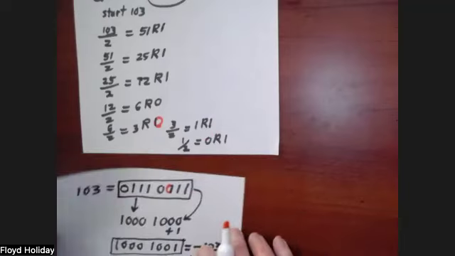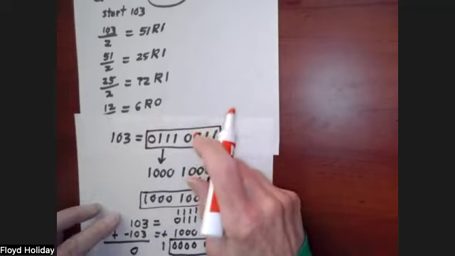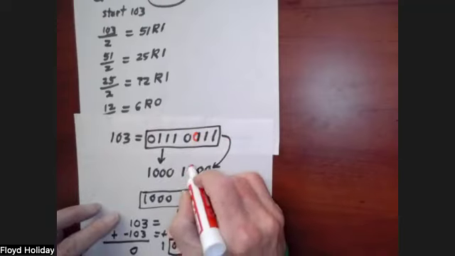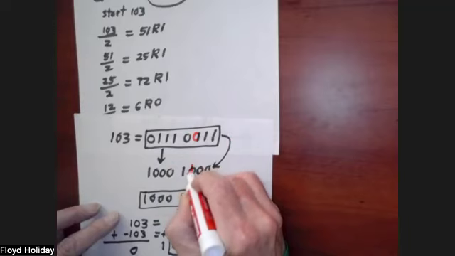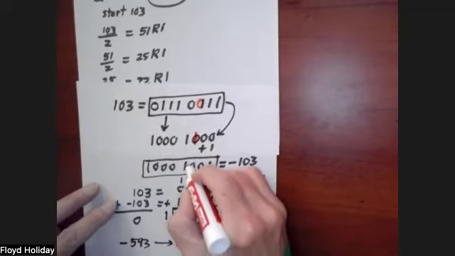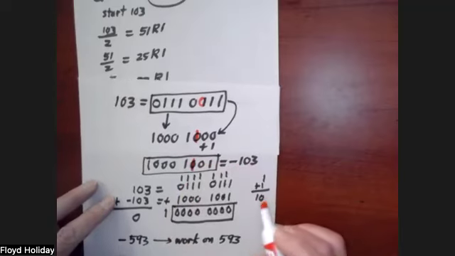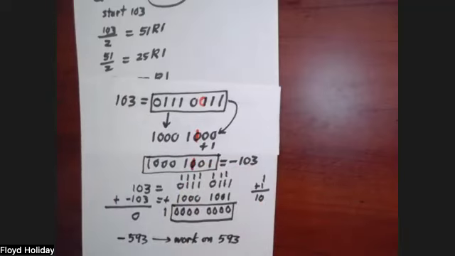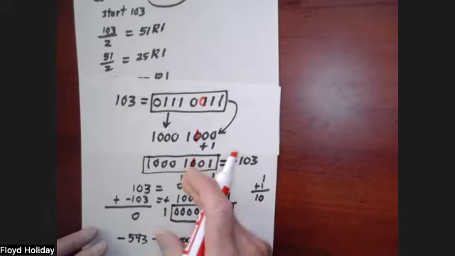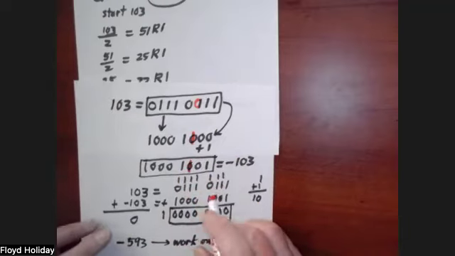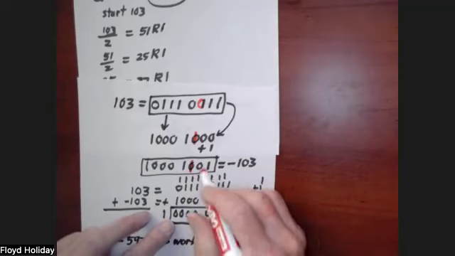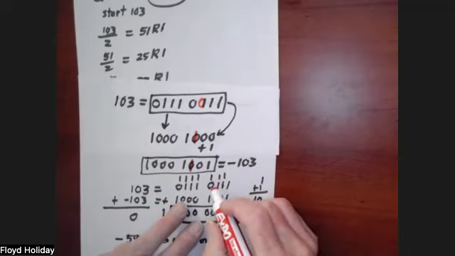And then when we flip them all over, this becomes a 1. And then this is a 1. It didn't affect anything serious. It just affects that one bit.